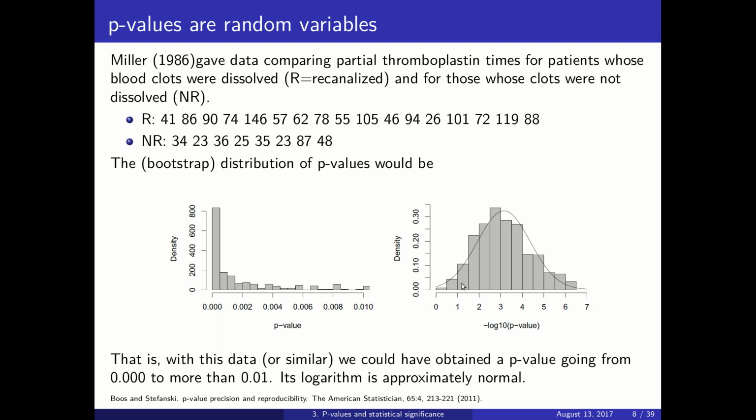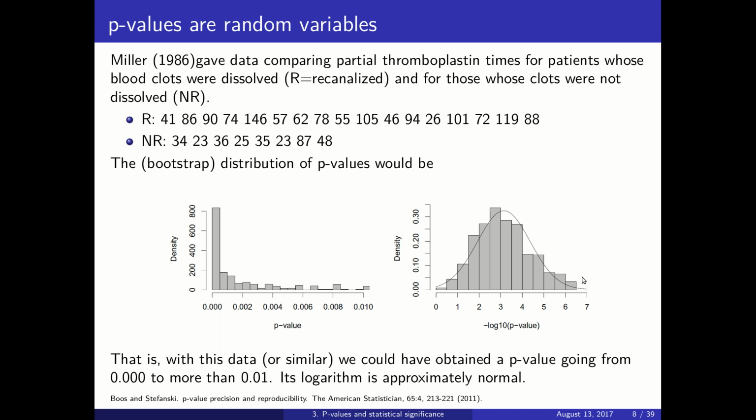So we see that the p-value goes from 10 to the minus 1 to 10 to the minus 6, with this simple data set. We observed in our original data set something like 10 to the minus 3, which is close to the maximum of the distribution.